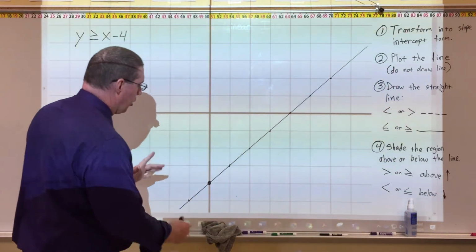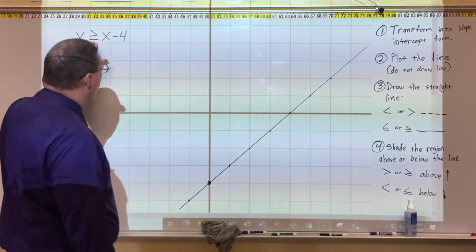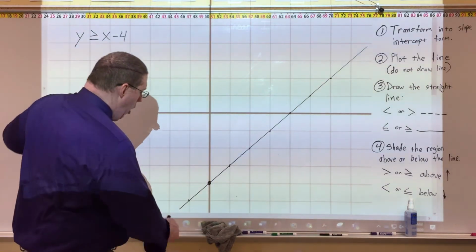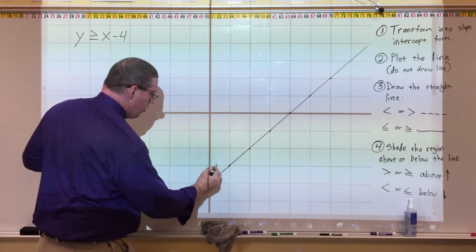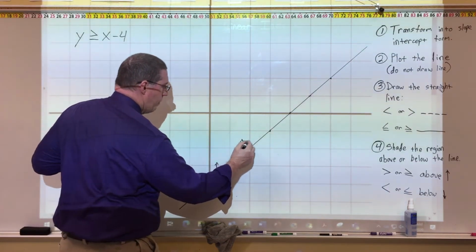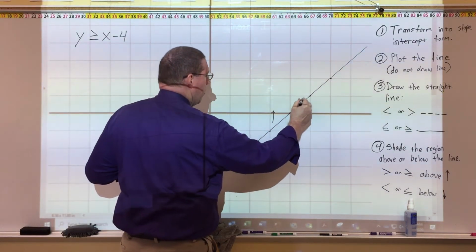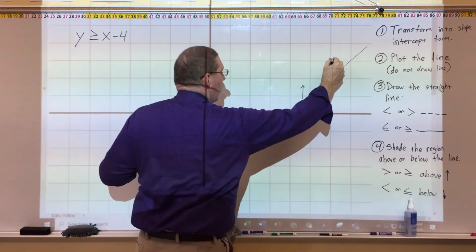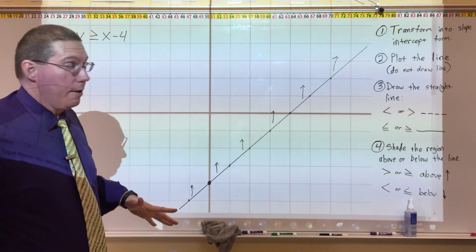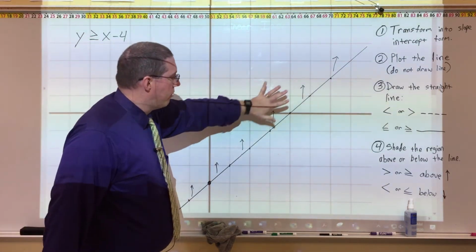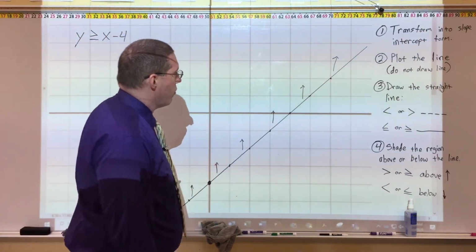Since this is greater than, all along the line I'm going to put up arrows. Up arrow, up arrow, up arrow, up arrow, up arrow. And that's where I'm going to shade. Now I know that this entire region is the solution area.